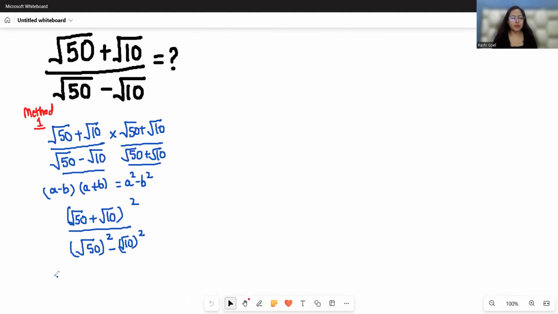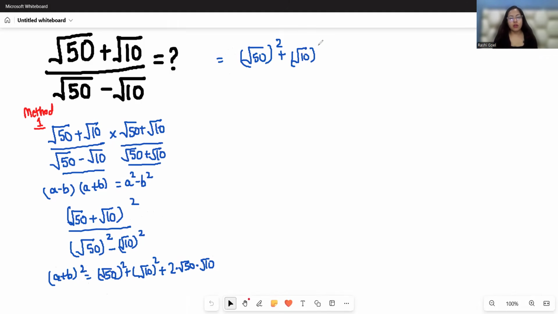Here, (a + b)² equals a² + b² + 2ab. So we rewrite (√50)² + (√10)² + 2 times √50 times √10, over (√50)² − (√10)².